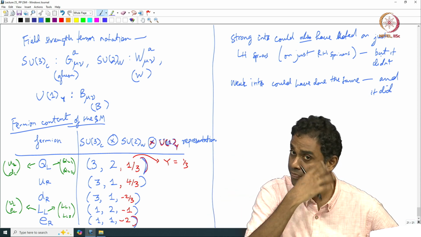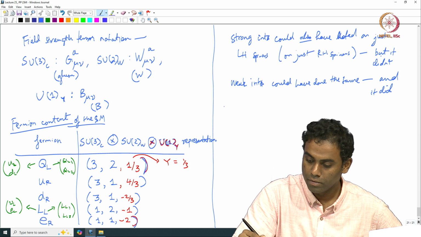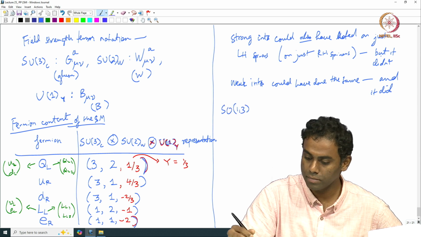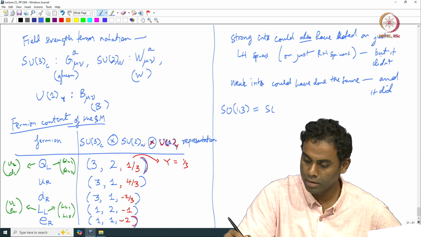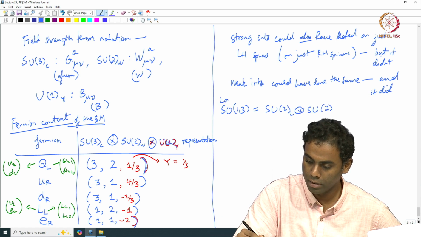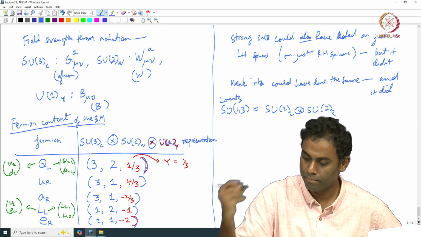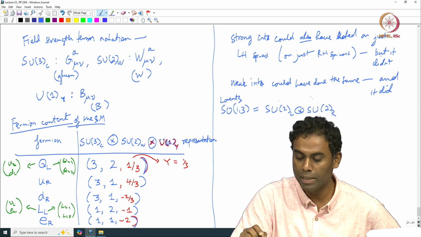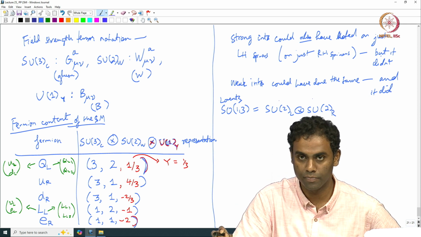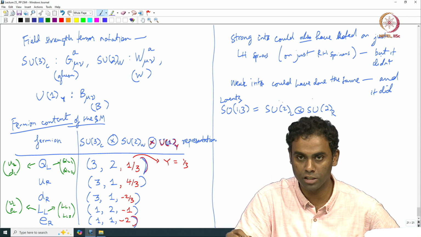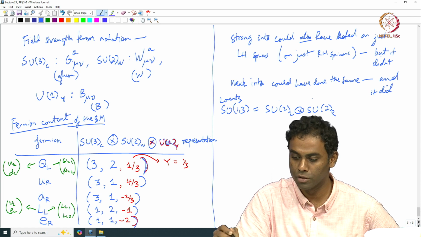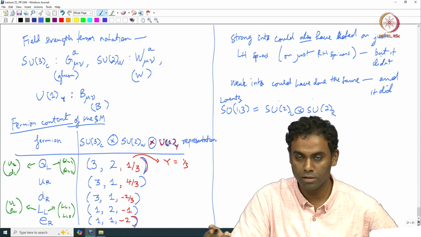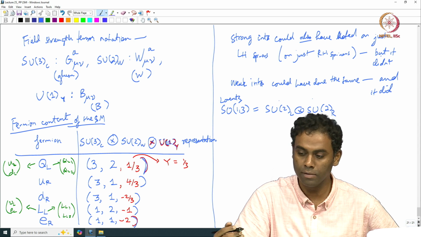Remember why? Because when you broke down the SO(3) into these two, this is a Lorentz group, right? The left-handed and right-handed SU(2)s, they both were independent representations of the Lorentz group, correct? Under which you charge the spinors. So absolutely you could have charged only the left-handed or the right-handed ones with some interaction.